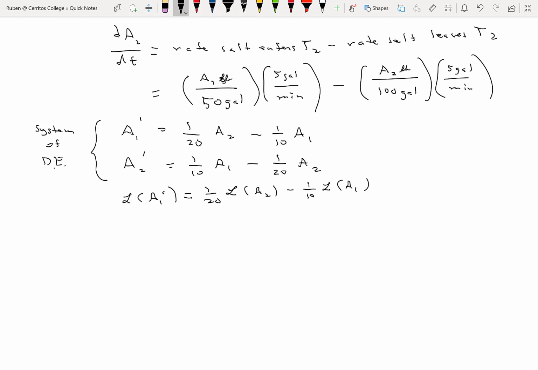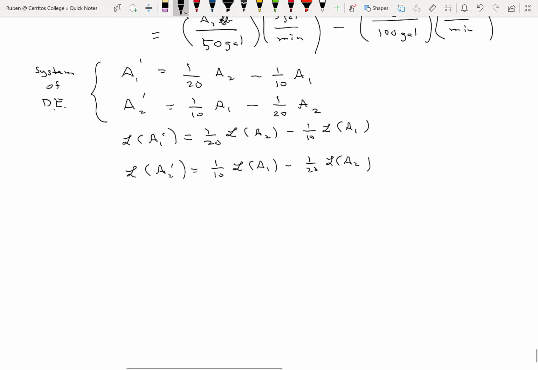The Laplace transform of the second differential equation: on the left-hand side, Laplace transform of A2 prime equals, on the right-hand side, 1/10 times the Laplace transform of A1 minus 1/20th times the Laplace transform of A2.